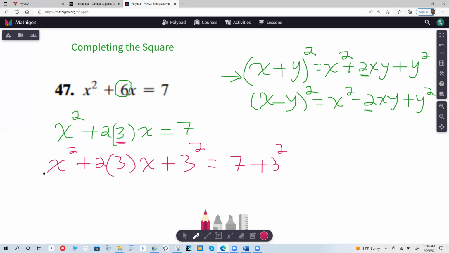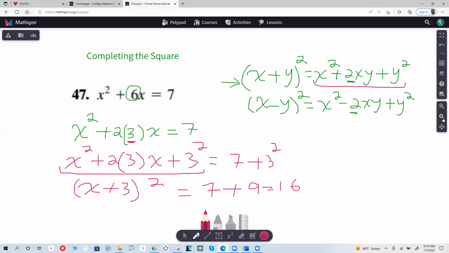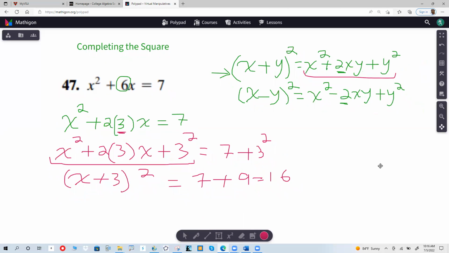Almost done, guys. Look, the left-hand side looks just like this. Hence, I can write (X plus 3) whole squared. That's much better. On the right-hand side, I can write 7 plus 9, which is 16. Scroll down.